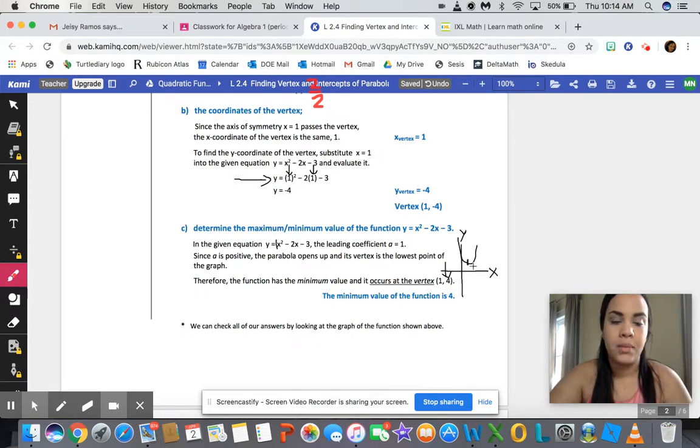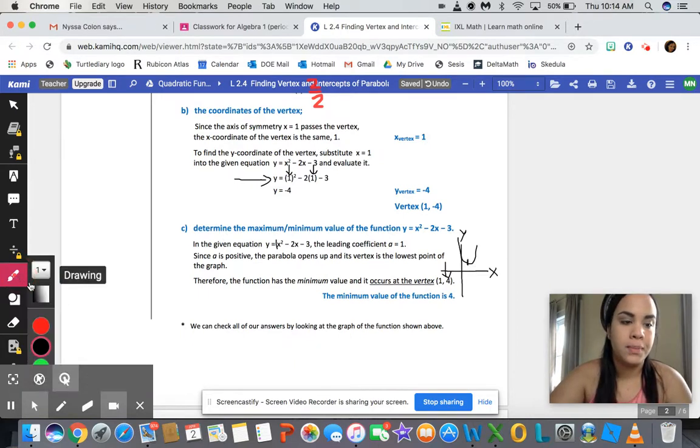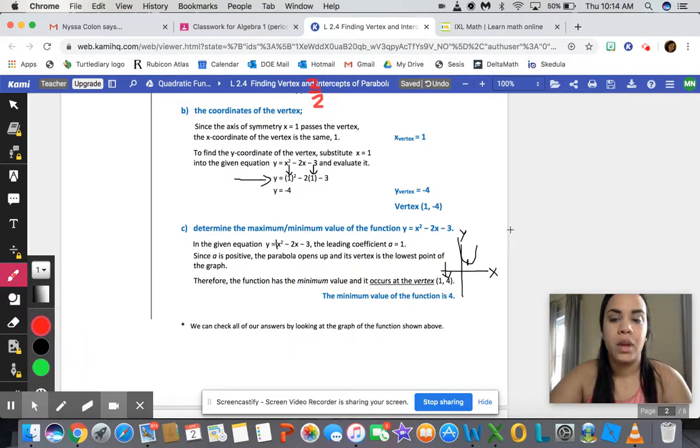Now, the minimum value is always measured by the y-axis. At this point, I'm trying to make a dotted line here. If you look at the y value over here, it is what? 4.